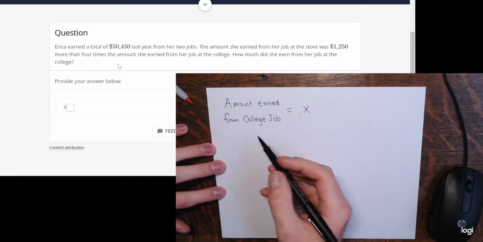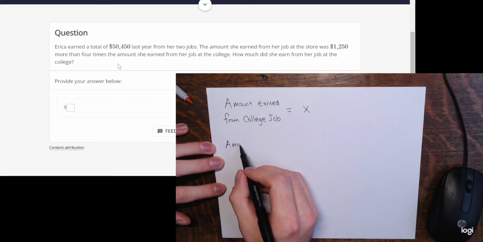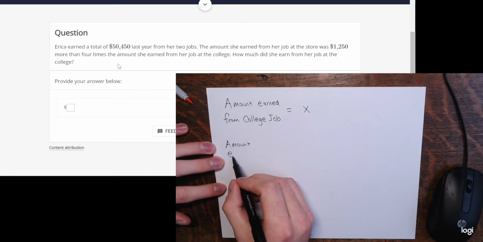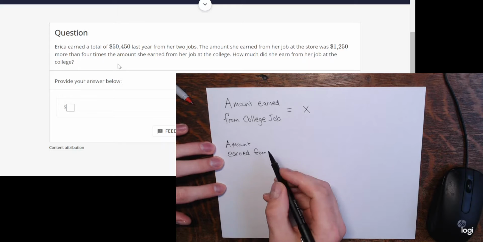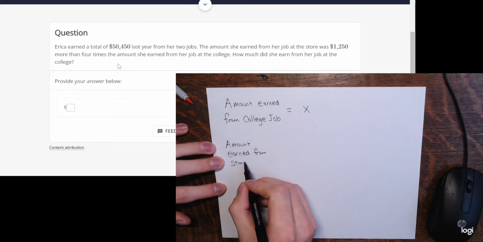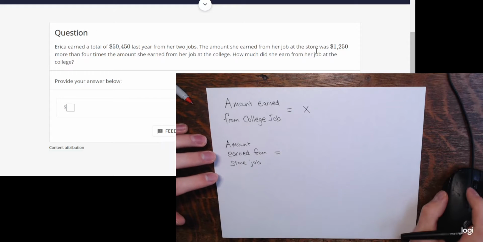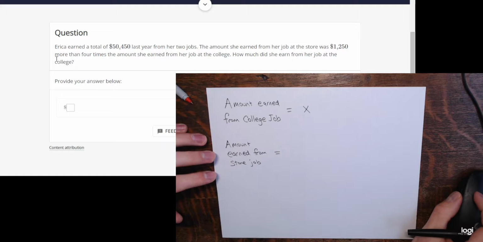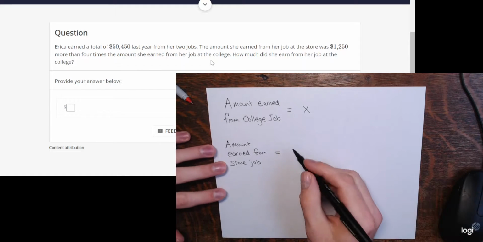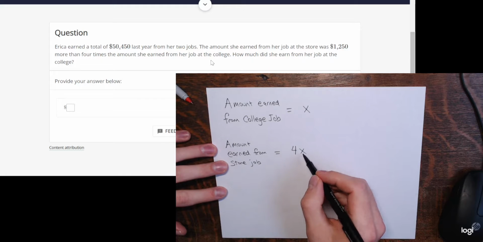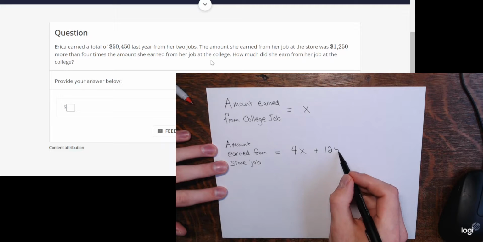Now they said the amount earned from the store job, right? They said she earned $1,250 more than 4 times what she earned at the college. So if you take 4 times x, and then add $1,250 to that, that's how much she earned at her store job.